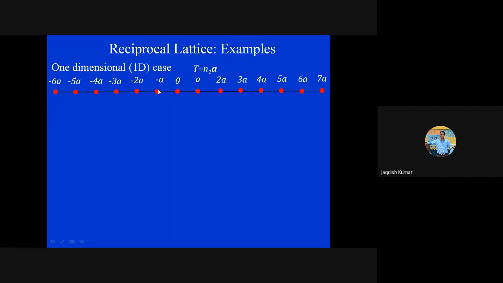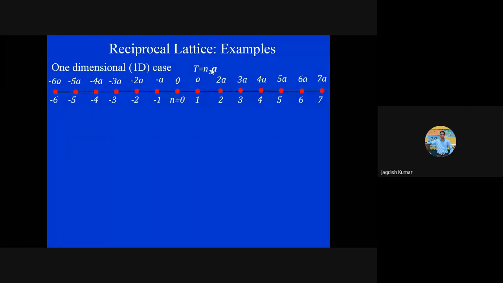Similarly to the minus side, minus a, minus 2a, minus 3a, and so on. What are the values of n1? It is not n but n1, because we are using the n1 notation so that it can be generalized later for the 2D and 3D case. So n1 is equal to 0 for this lattice point, 1 for this lattice point, 2 for this lattice point, and so on.